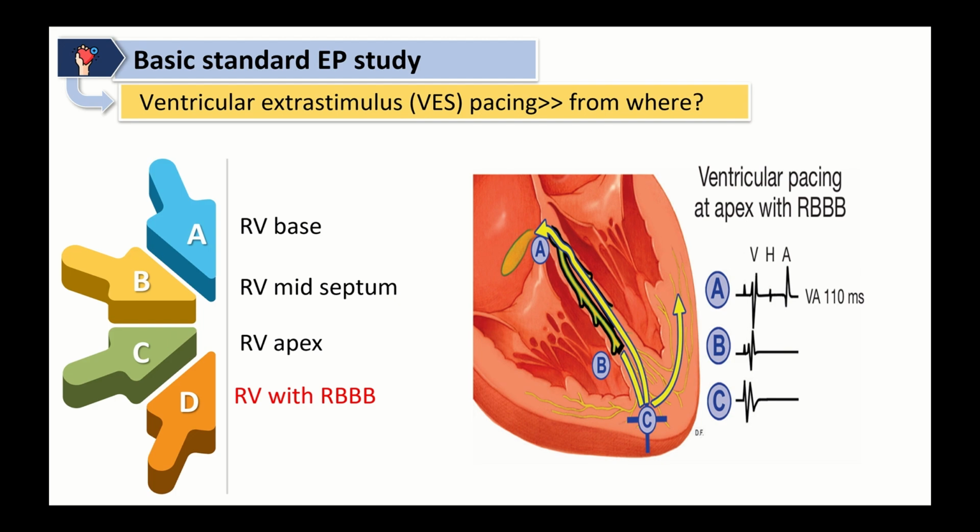So what happened? Transseptal conduction. The impulse goes through the septum, reaches the LV, reaches the left bundle branch and starts a long way of conduction, left bundle, then reaches His, AV node, atrium. That's why the VA time is very long, about 110 milliseconds.